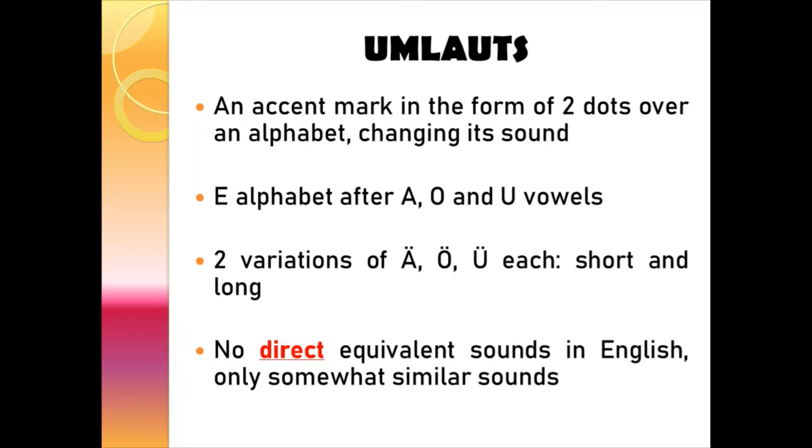So, what I mean is that you will not find these sounds of A umlaut, O umlaut, and U umlaut in English words, but we can find somewhat similar sounds to these three alphabets in English words. Again, confusing? Well, I will explain everything in detail in the further tutorial parts.